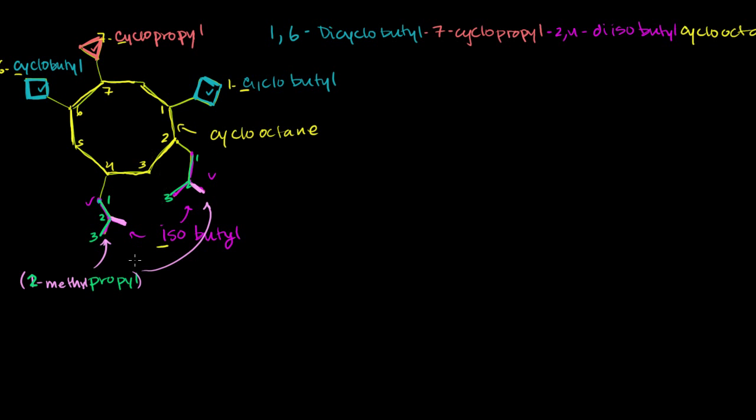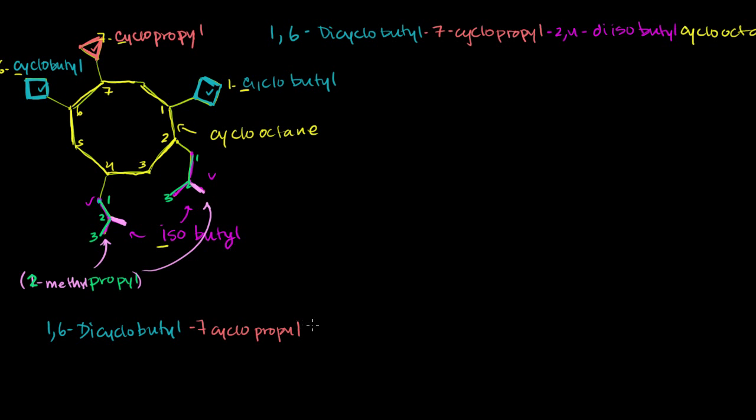So if we were to do the systematic naming, it would be 1,6-dicyclobutyl. There's something very strangely fun about this. And then you have your 7-cyclopropyl. 7, it's like a secret code. And now this is interesting, you have 2 of these guys, right? Now you don't say di when you have this kind of more complex or systematic naming. Instead you use the word bis.